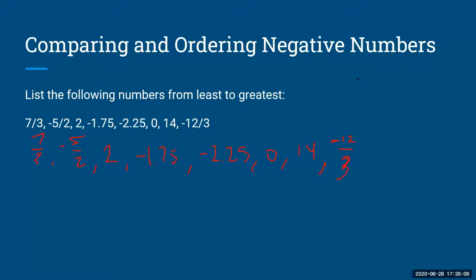Check the numbers again and list them with the negatives. If they were all positive, then yeah, that would be right.